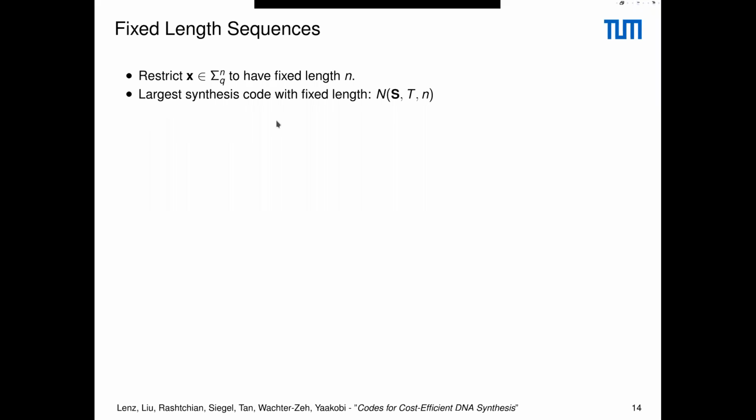We can define the largest synthesis code, where now we have a supersequence S, a maximum synthesis time T, and a fixed length n. The information rate per cycle is defined similarly, where now we fix the length to be a fixed constant alpha times the cost, where alpha is a constant between 0 and 1.